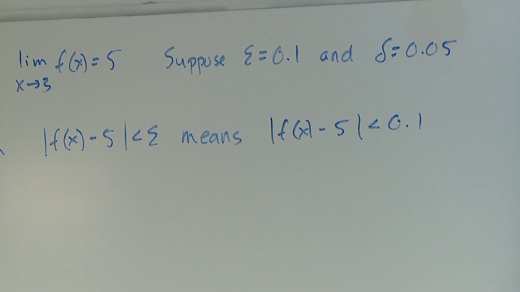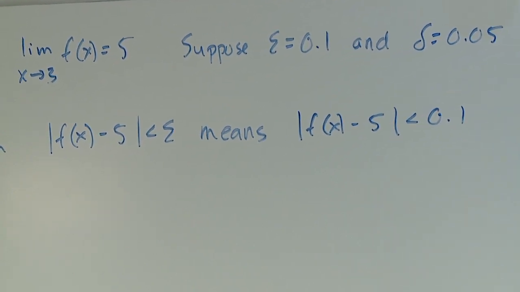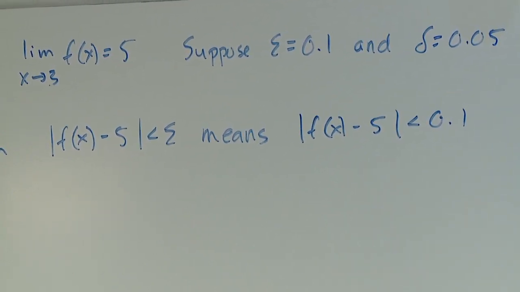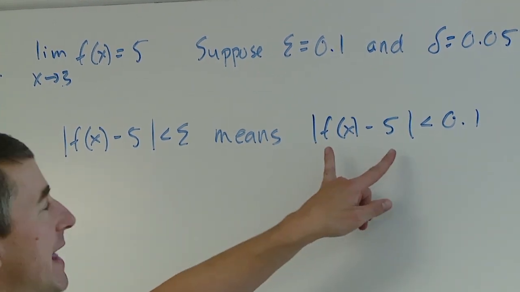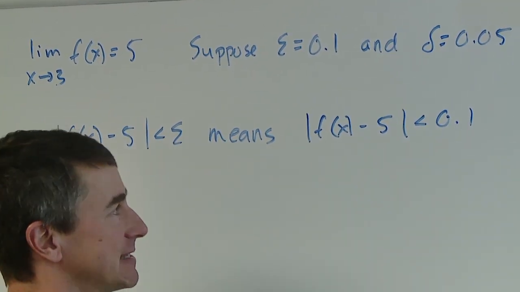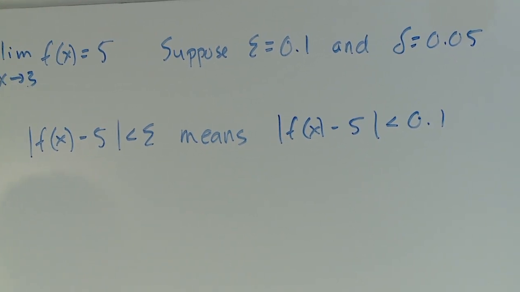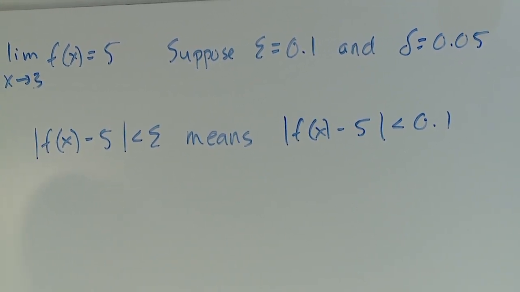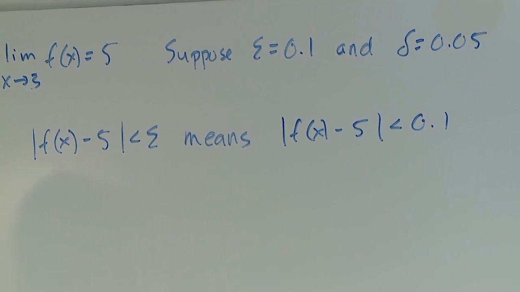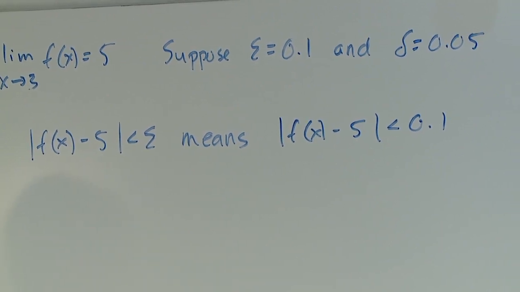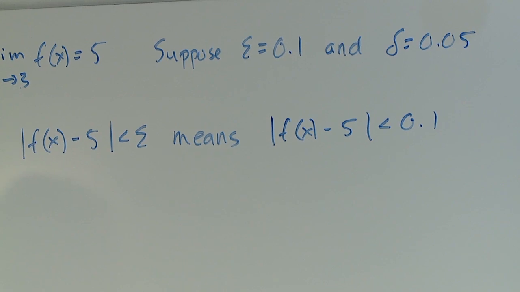Now I know it's hard to work with absolute values, so let's try to remove the absolute values. What does it mean for the absolute value of something to be less than 0.1? If I said to you, like, the absolute value of w is less than 0.1, you would know w is between what two numbers? 0.1 and minus 0.1.